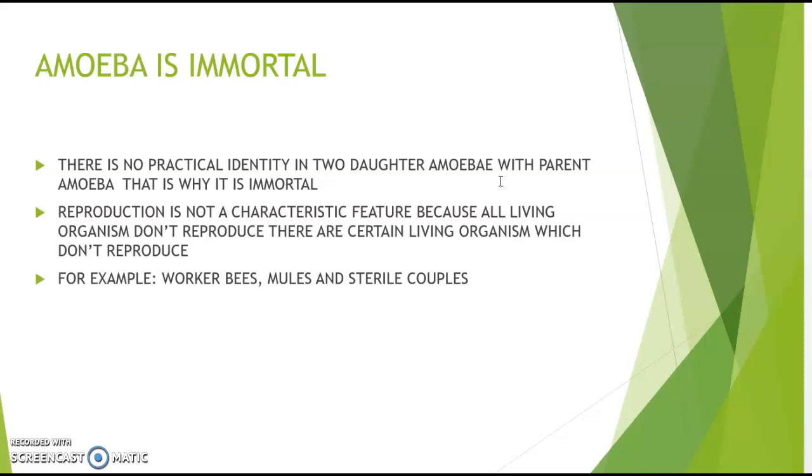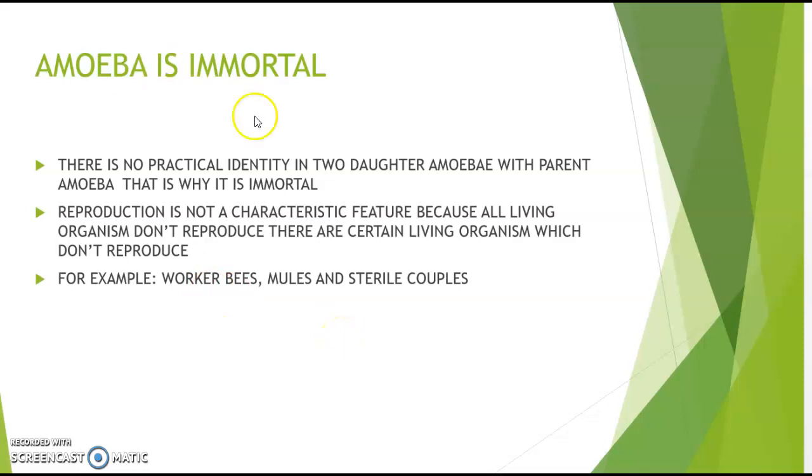That is why it is immortal. Now reproduction, again, is not a characteristic feature, because all living organisms don't reproduce. There are certain living organisms which don't reproduce, for example worker bees, mules, and sterile couples.